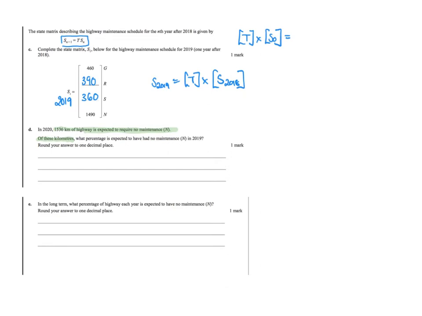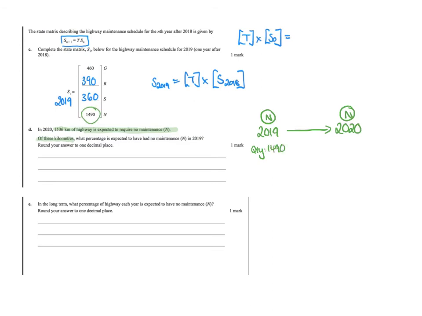All right, so let me explain this. We went from 2019, where we had some sitting in no maintenance, to 2020, the ones we're talking about, no maintenance. So in 2019, the quantity up here for no maintenance was 1490.